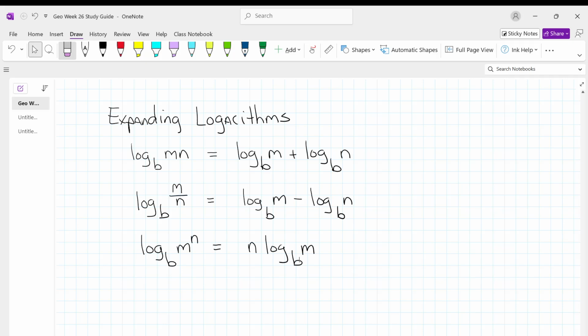Before we move forward, a couple of reminders when you're expanding logs or writing as a single log. Log x of x. If your base and your product are the same, the entire log is equal to 1.